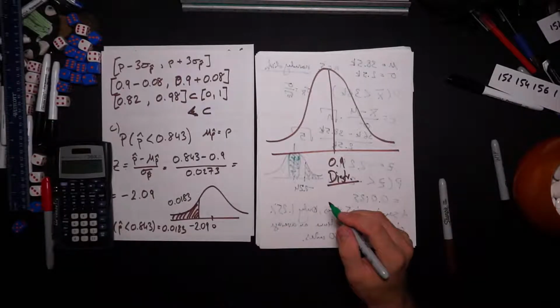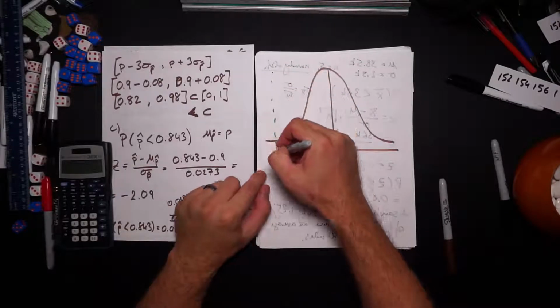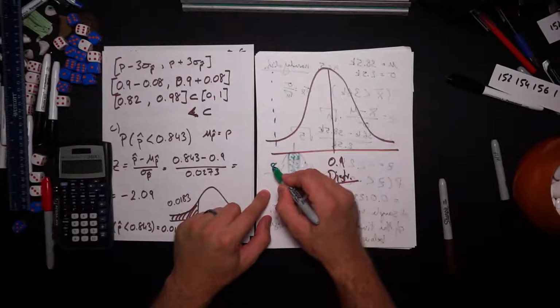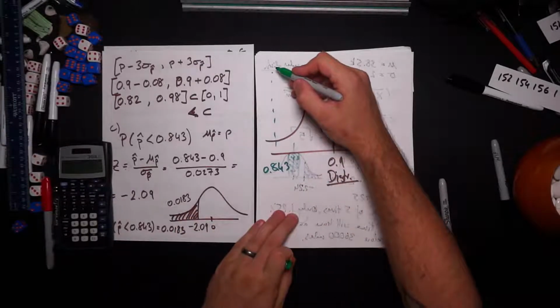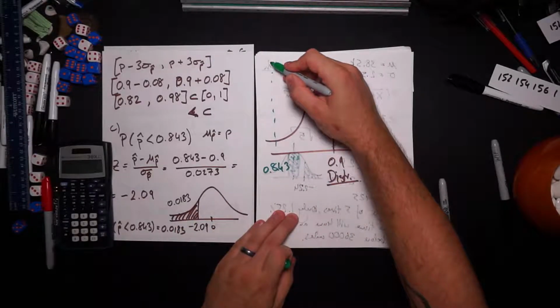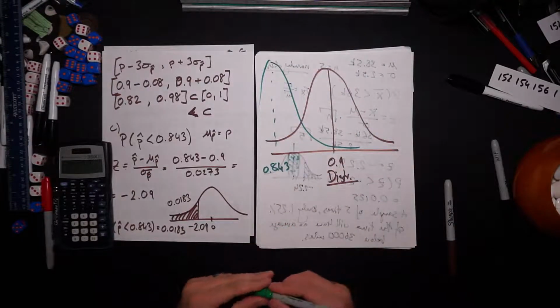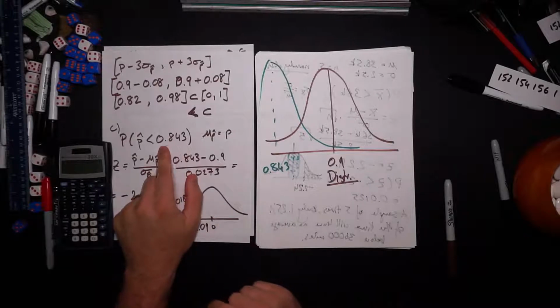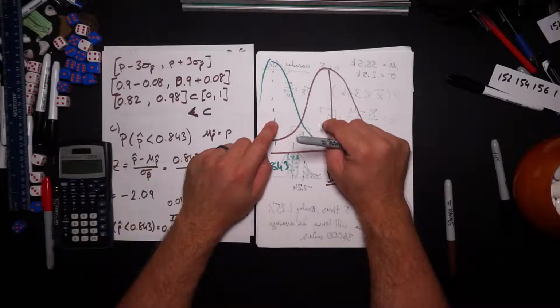What we did is we said, hey, there's something here at 0.43. This, right? We said, hey, we're looking at this kind of probability. And my question is, is this overlapping enough with this?